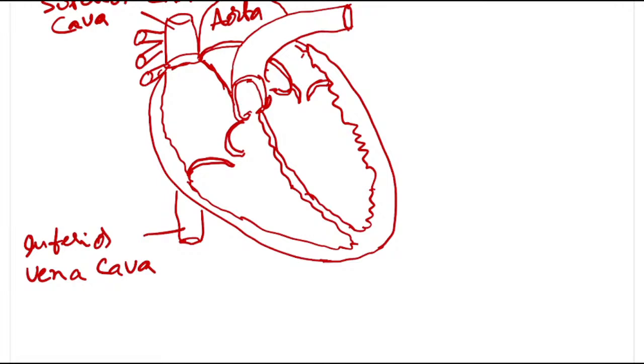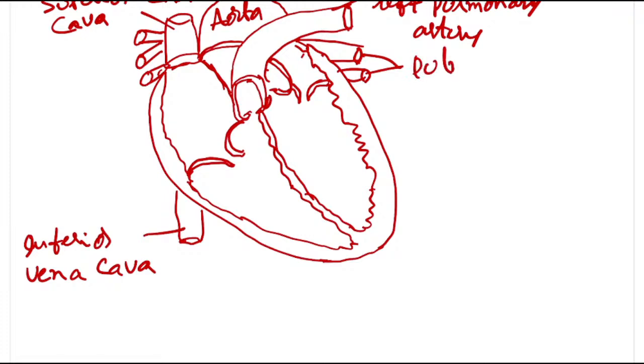Left pulmonary artery. And here are the pulmonary veins.